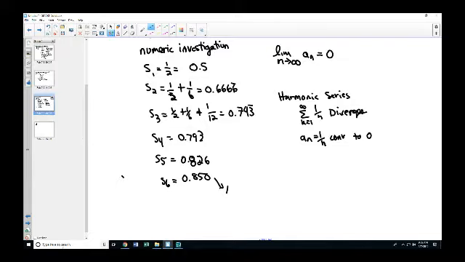Right. If it does not equal 0, if the sequence doesn't converge, then we know the series doesn't. But we can't say anything about convergence using that. So we can't say the sequence converges to 0, so the series converges. That's not a part of that theorem.